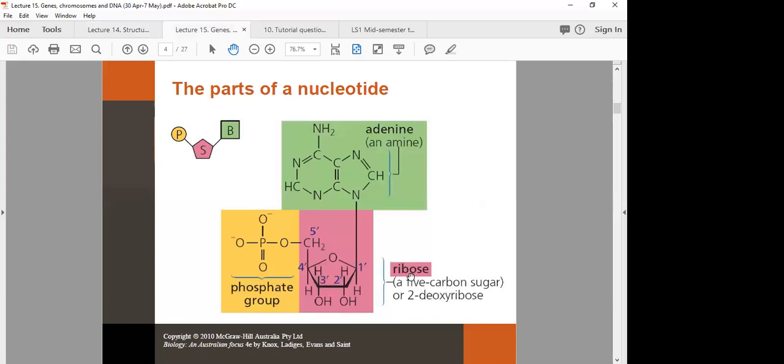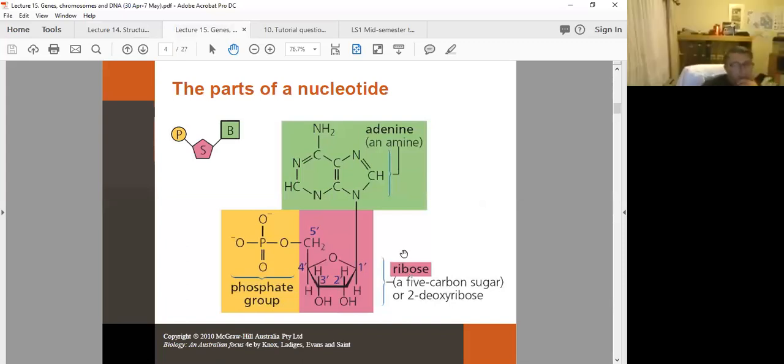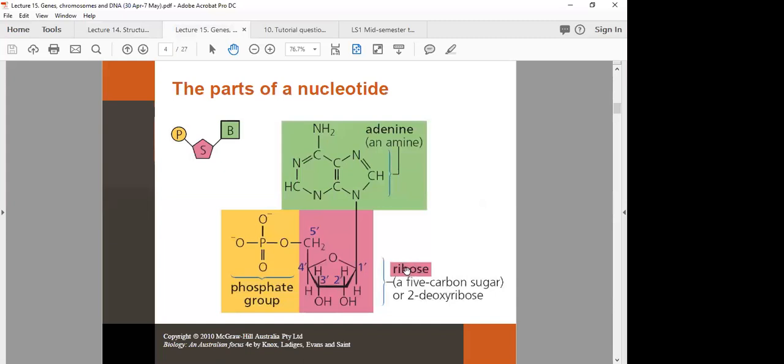Who remembers this? RNA, yes. So the sugar in nucleotides of RNA is ribose. If it was a sugar found in a nucleotide of DNA, it would be 2-deoxyribose. And of course, we have the third part of the nucleotide, the phosphate group.